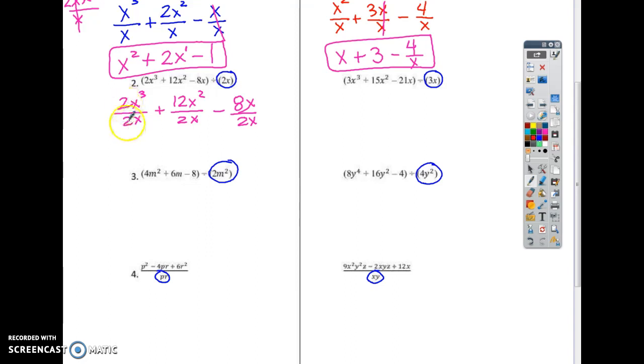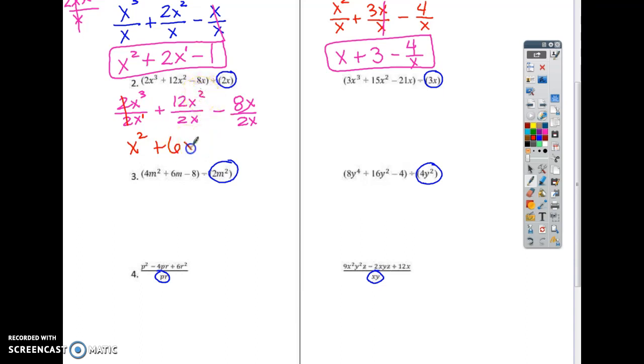So what's 2 divided by 2? 1, it cancels. If I have 3 x's on top and 1 x on bottom, how many x's do I have left over? 2. X squared, because 3 on top, 1 on bottom. Subtract. Okay? The next one, what's 12 divided by 2? 6. Positive 6. What happened to my x's? One of them cancels, right?